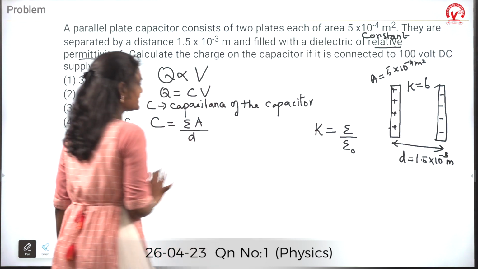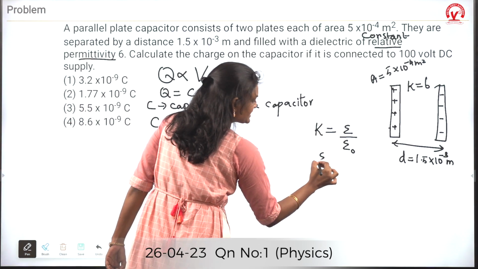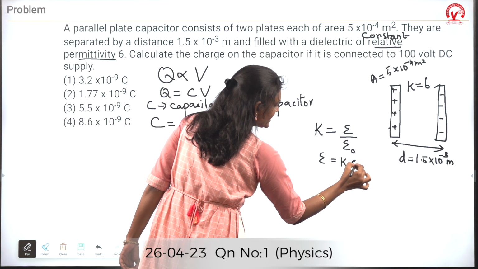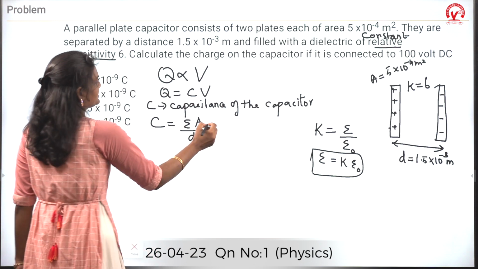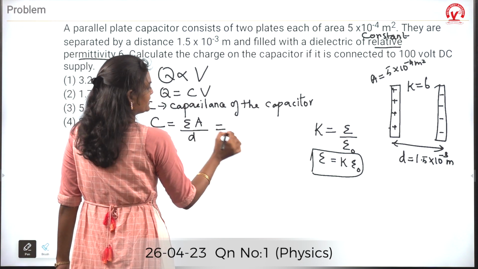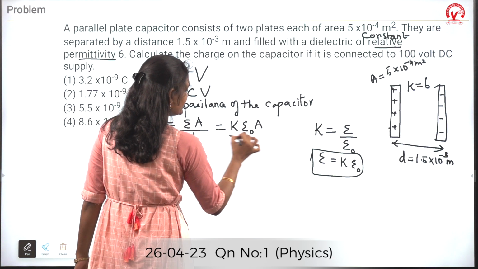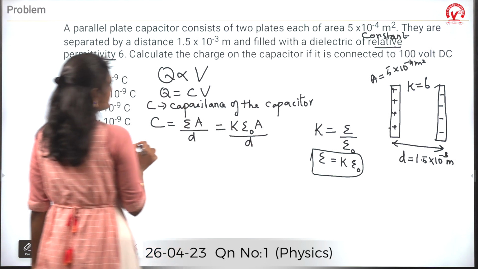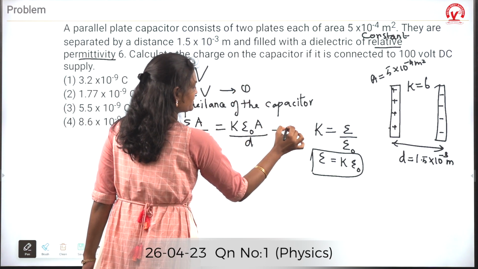Now substitute in this equation: epsilon is equal to K epsilon naught. Substituting, this can be written as C equals K epsilon naught A divided by D. Put this as equation number 1, and Q equals CV as equation number 2.